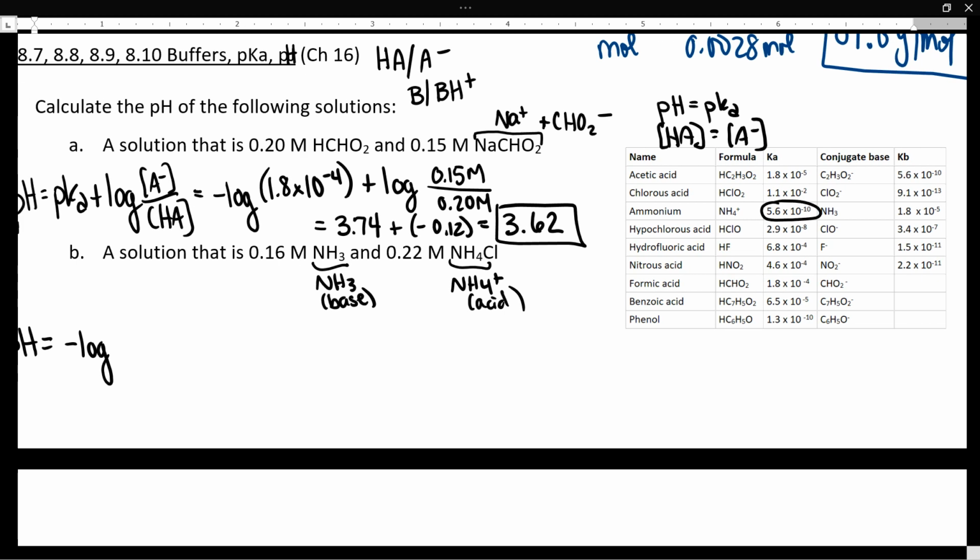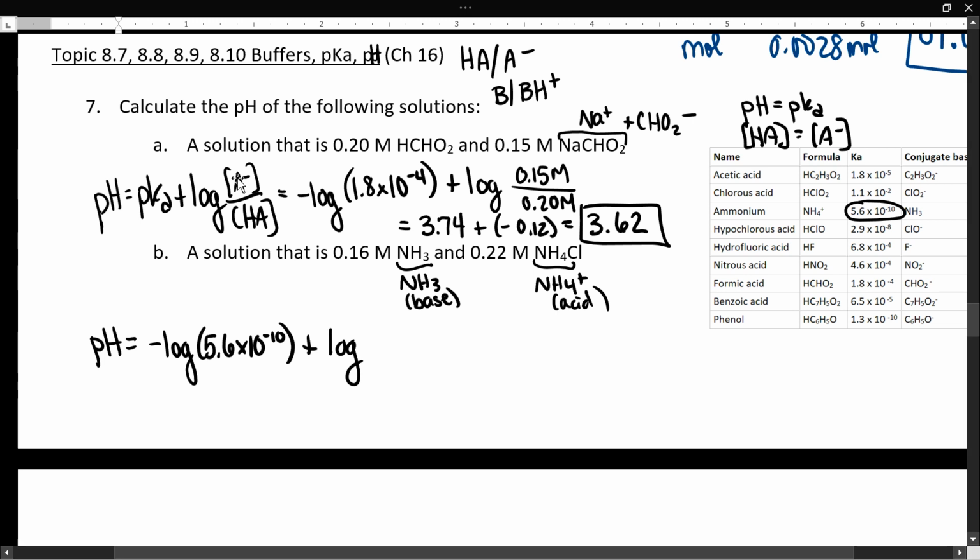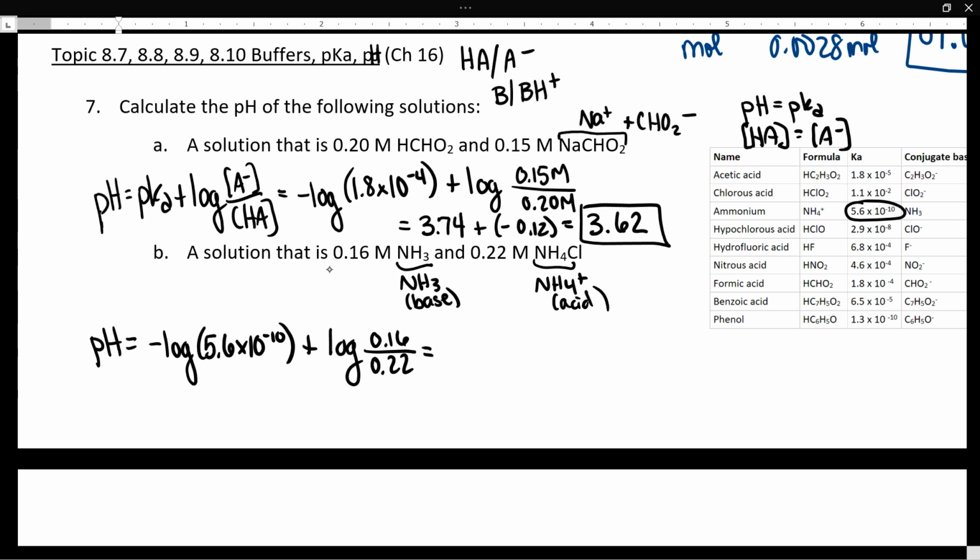Here's my ammonium Ka. So it's 5.6 times 10 to the negative 10. And then plus the log, and I want to make sure we put base over acid. So the base is the ammonia, that's 0.16. The acid is 0.22. Once again, I've got more acid than base here.